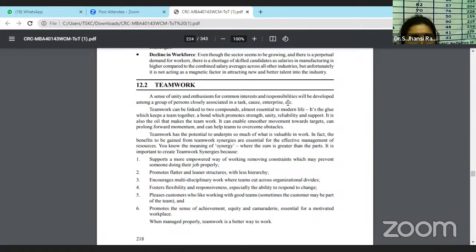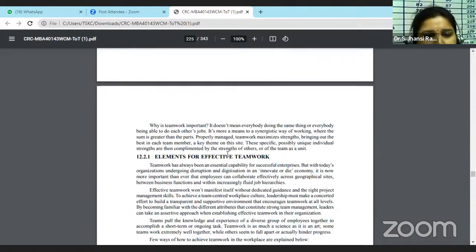It also means movement towards targets, prolonging forward momentum and overcoming various obstacles. Because when you work as a team, it joins us together to complete any task, and it synergizes. And we have a flatter and linear structure.